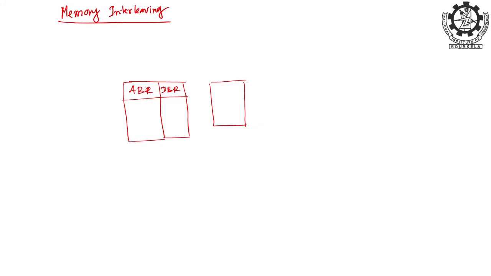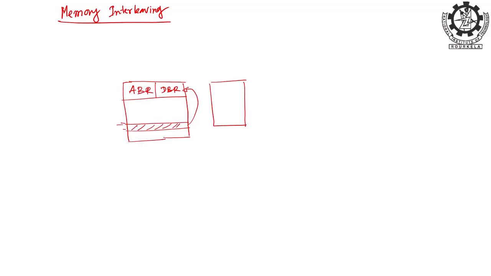Say the CPU wishes to access this particular word, then the memory system places the word into the data buffer register.